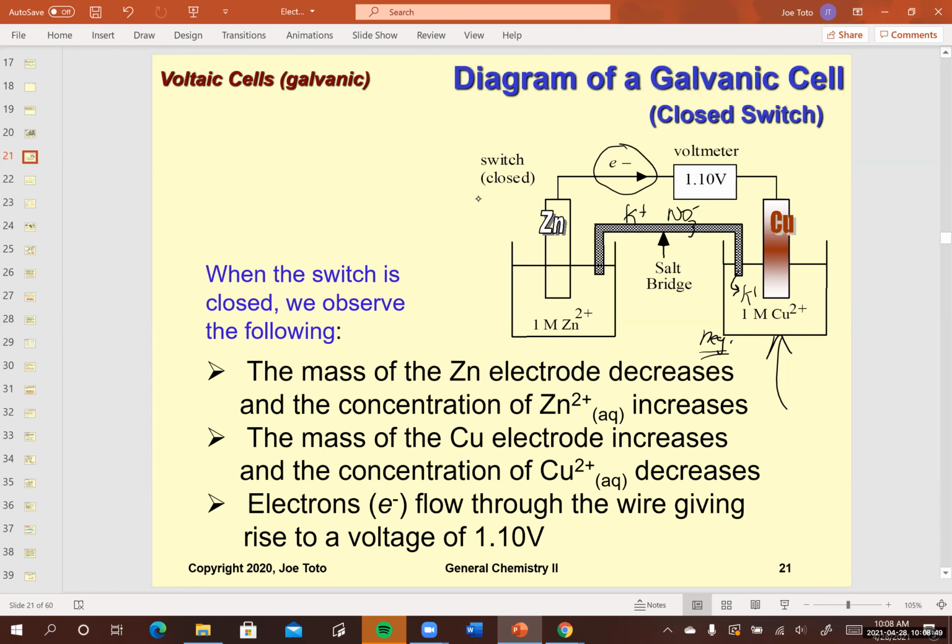On the other side, we have a positive charge buildup because it's losing negative, and so out here, you probably could guess, is going to be the nitrate, or the negative charge. That's how salt bridges work, to maintain neutrality and keep those electrons flowing through the wire.